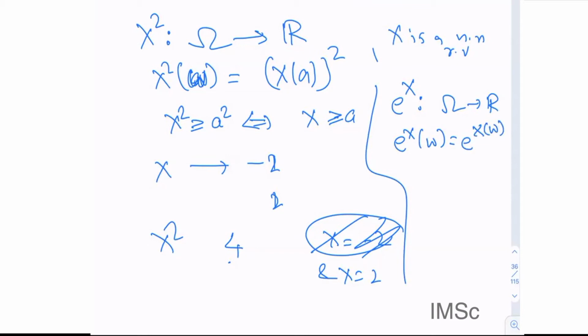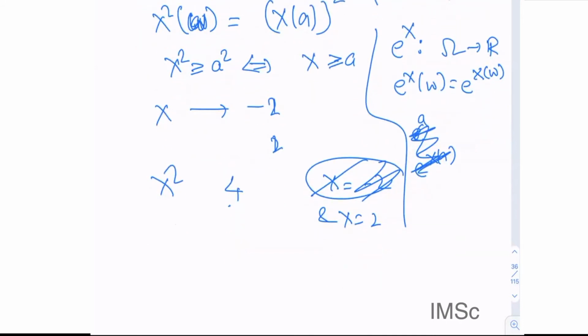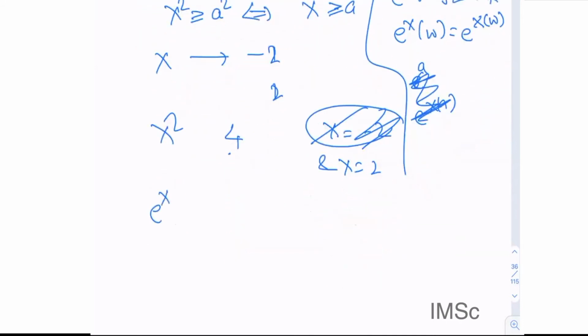This is also another random variable. When is e^x greater than or equal to e^a? This is if and only if x is greater than or equal to a.